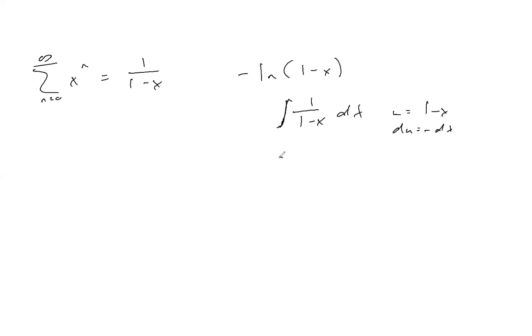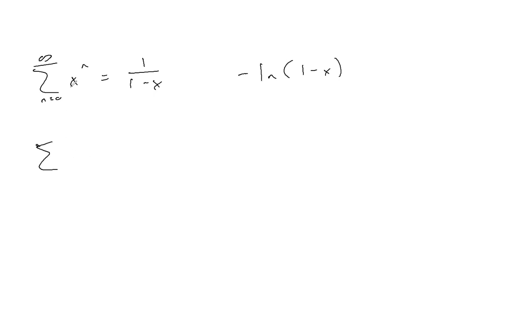Okay, yeah, that's negative ln of u plus, well, I'm going to leave the plus c off for a second. Undo my substitution. Okay, yeah. So the function I want to find the power series for is the antiderivative of this, so I should be able to just integrate this series term by term.